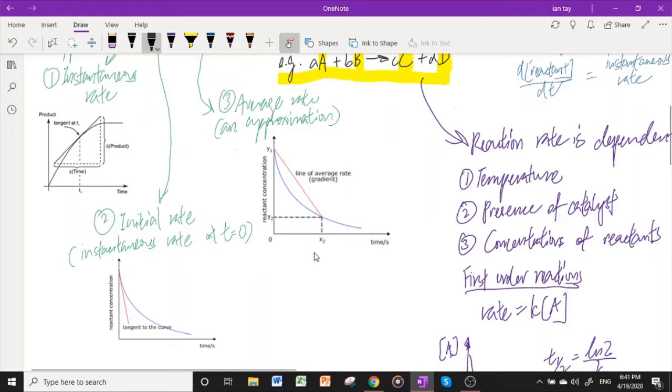So I can also say that average rate is the final concentration minus the initial concentration, divided by the time elapsed, which is the final time minus the initial time point. So that is the average rate.